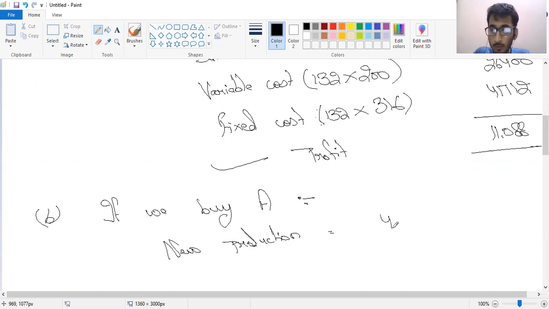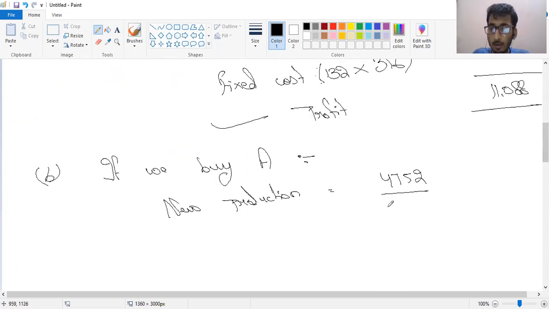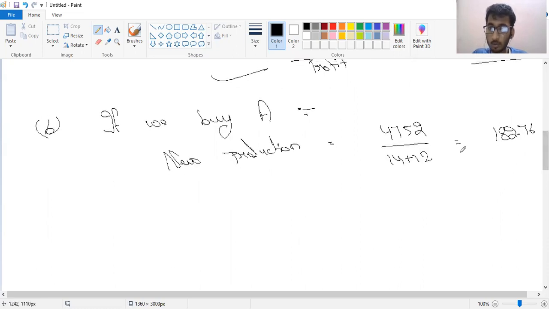So new production would be 4752 divided by 14 plus 12. Why 14 plus 12? Because if I buy the complete A from outside, the 10 hours which is used in A would be reduced, and 14 and 12 which is used in B and C respectively would be left. So 4752 divided by 26, I would say 182.76. Okay, so new production would be 182.76.